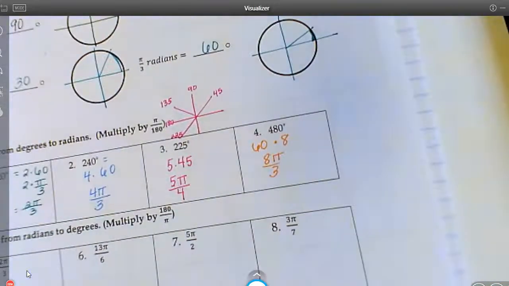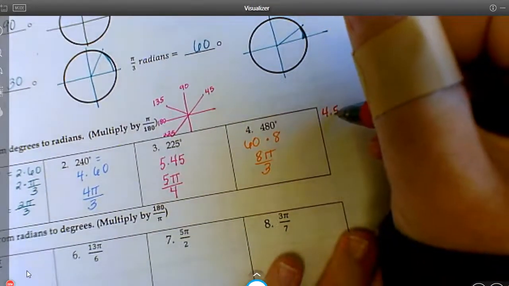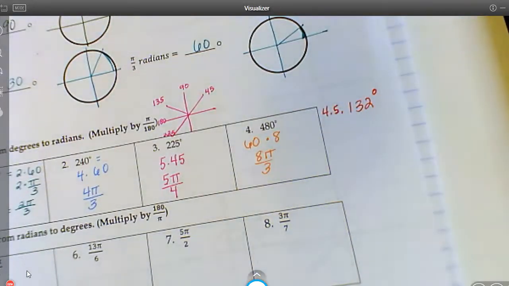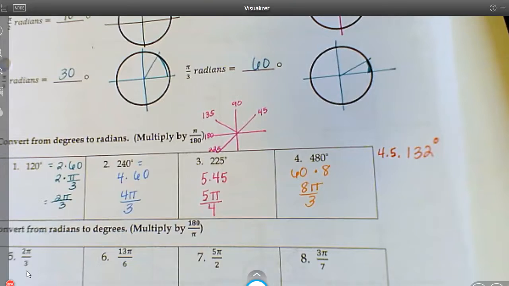The reason that's important is because what if, and I'm just going to have another example here, example 4.5, 132 degrees. See, 132 degrees is not a multiple of 60, 30, or 45. Okay? So there's something different I have to do with 132. Alright?